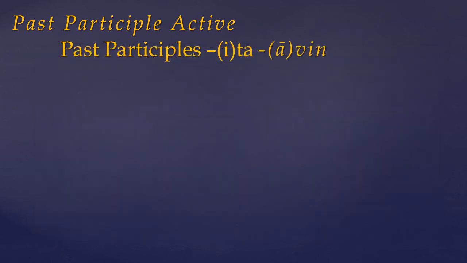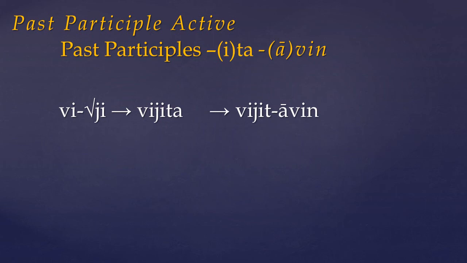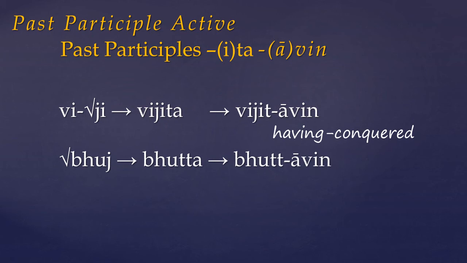Slightly more frequent is the possessive suffix vin. This is similar to the suffix in that we saw in lesson 18, except that a preceding short a is lengthened to ā. Thus from vijita, conquered, we get vijitāvin, having conquered. And from bhutta, eaten, we have bhuttāvin, having eaten or one who has eaten.